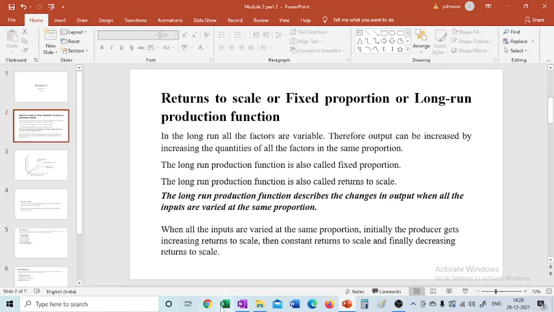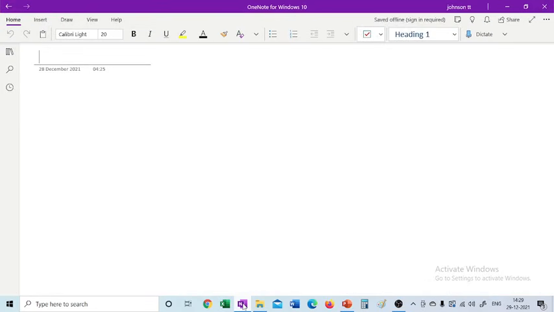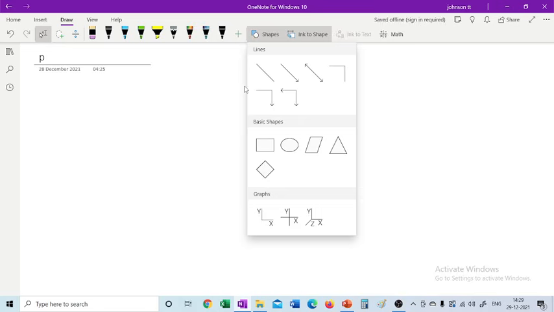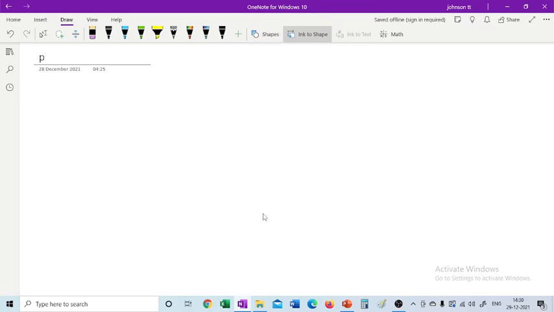With that diagram, we just represent these three returns to scale. So for that we draw the x-axis and y-axis. Then we can see how we can represent these three returns to scale.